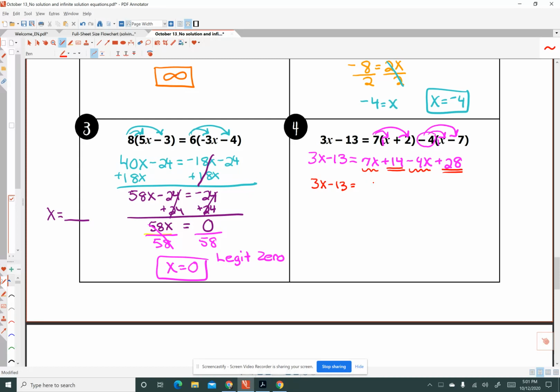So 7 take away 4 is 3x. 14 plus 28 is 42. So now I will subtract 3x from both sides of the equation. I think you see what's going to happen now. What I'm ending up with is negative 13 equals 42, which is not a true statement. This is a no solution.